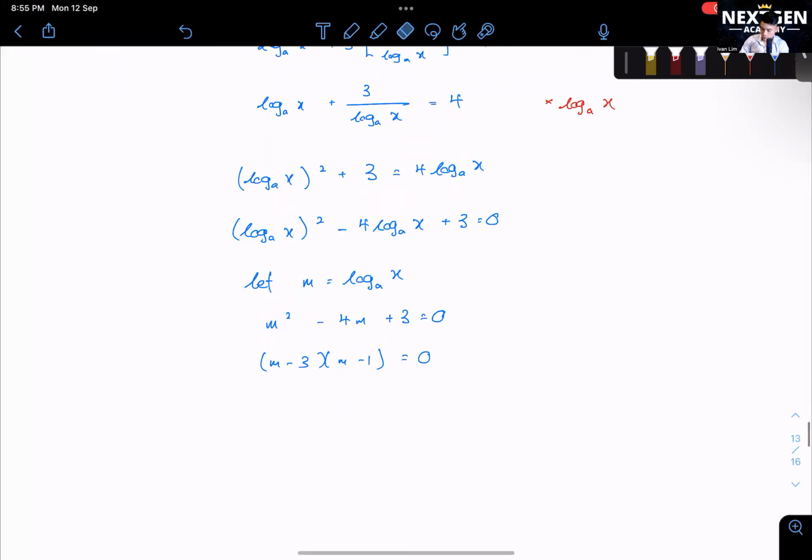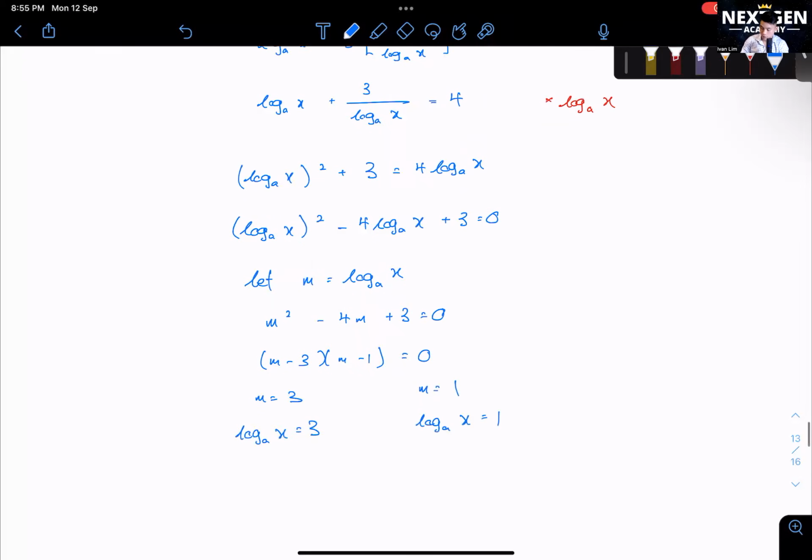Your m will be equal to 3, m equals 1. We change it back to log_a x. Therefore, this one will be x equals a cubed. This one will be x equals a. Both of these are the answers.